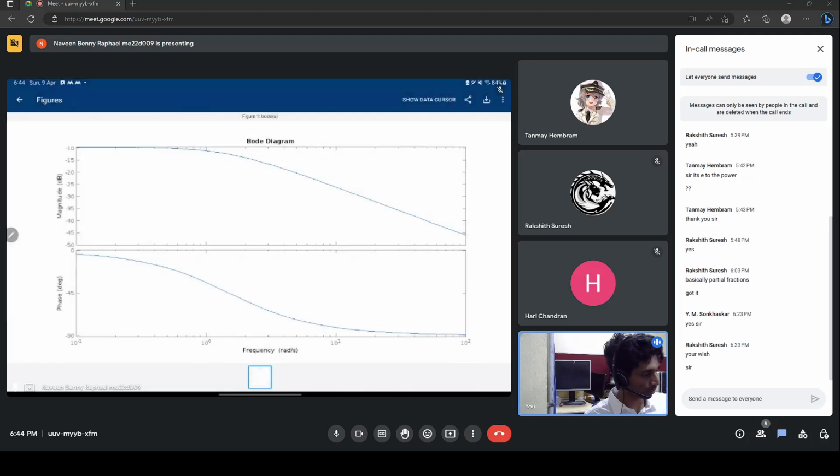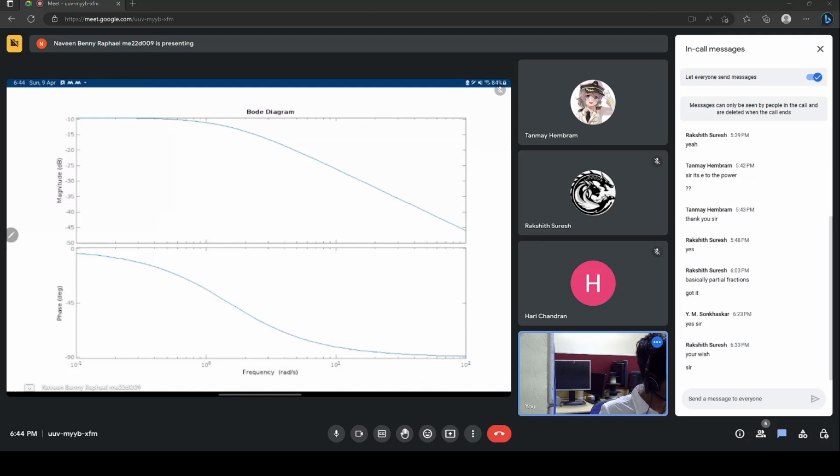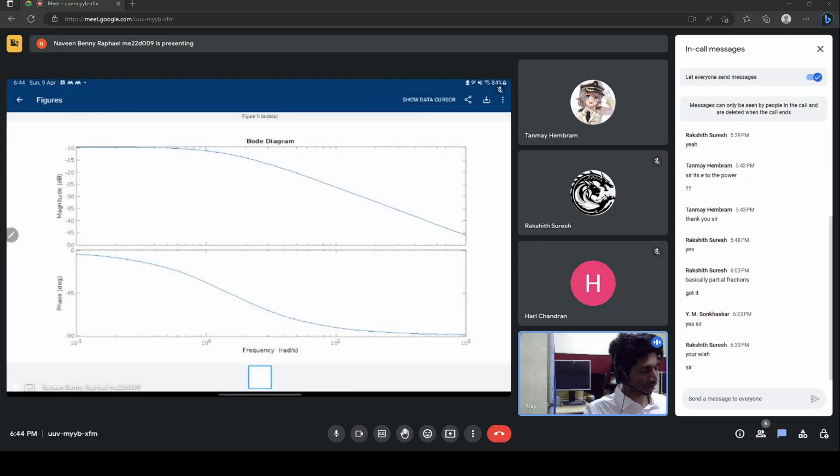Okay, so it's because I'm using the online version, but if I had used the proper MATLAB version, it would tell me where the phase margin and the two terms I just said are.